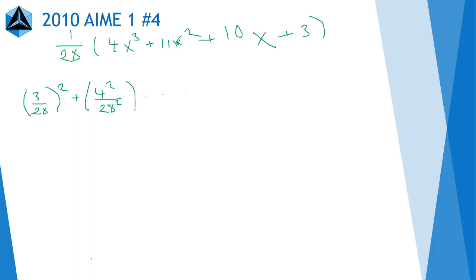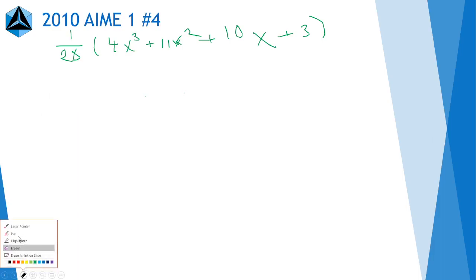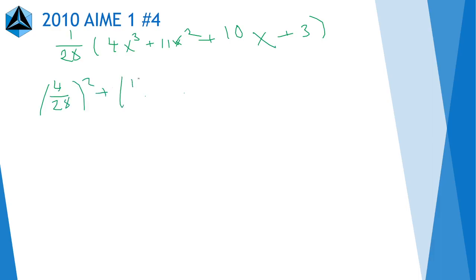Okay, let me clear that up, actually. So let's just go from left to right. The probability that they both flip 3 heads is the probability that Jackie flips 3 heads, which is 4/28, and that Phil flips 3 heads, which is 4/28, so we square them: 4/28 squared. With 2 heads, it's 11/28 squared.